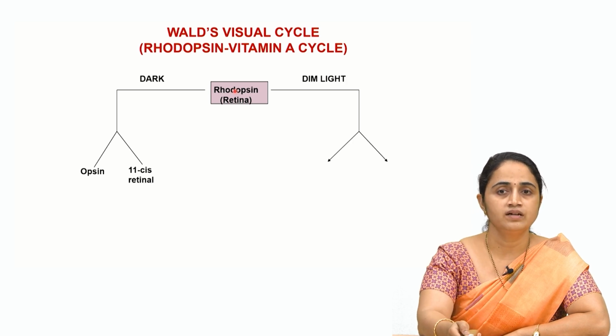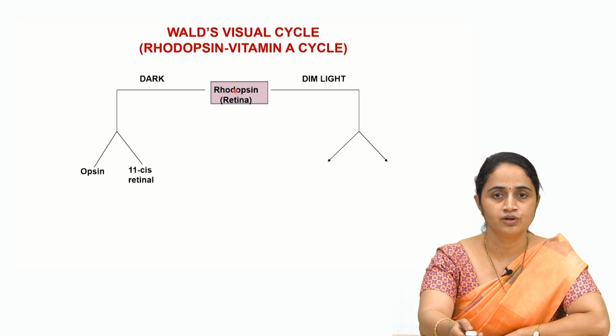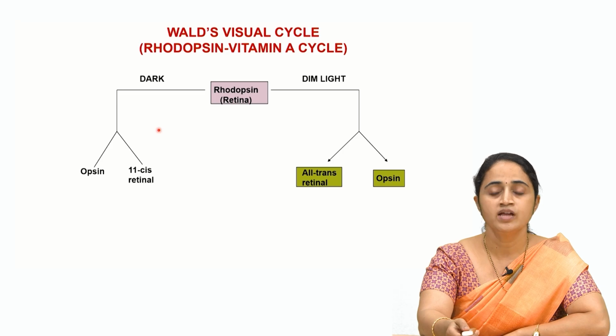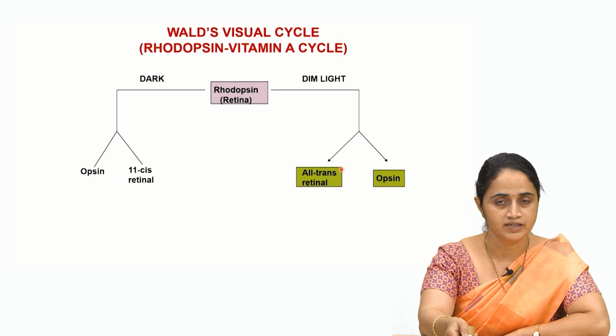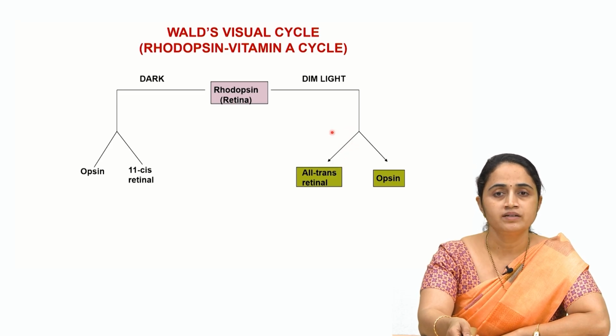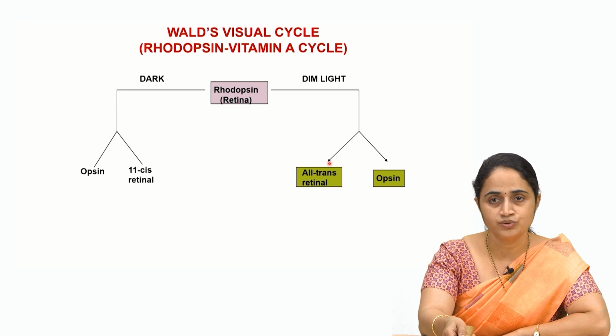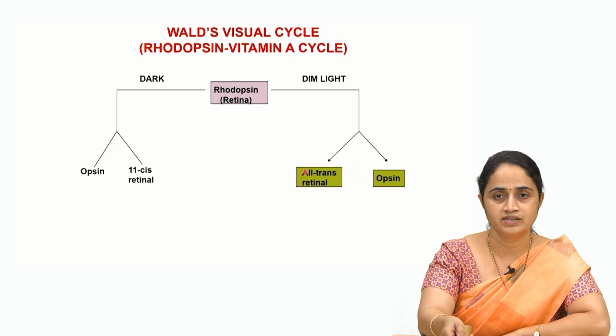When the dim light falls on the rhodopsin, it breaks into opsin plus all trans retinal. The conversion of rhodopsin to all trans retinal and opsin is not a single step. There is a series of events happening, but it gets dissociated to opsin and all trans retinal.